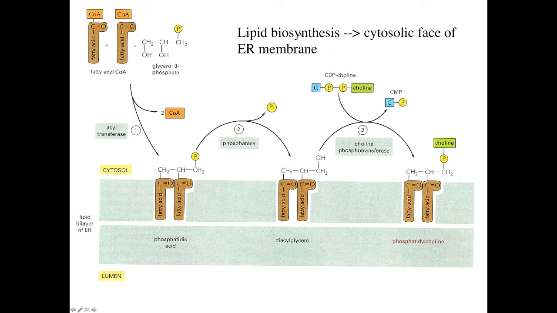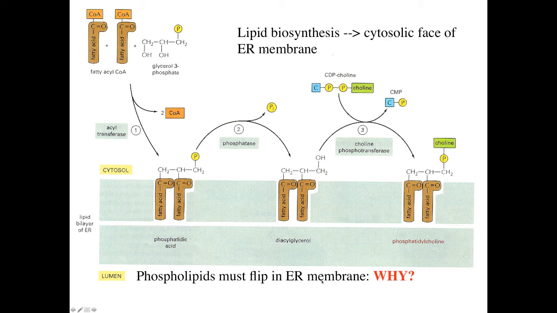Another point, lipid biosynthesis occurs on the cytosolic face of the ER membrane. This is just showing schematically some lipid biosynthesis. The enzymes that are involved in lipid biosynthesis are on the cytosolic side of the ER membrane. And here, just showing, for example, the synthesis of choline on the cytosolic side of the ER membrane.